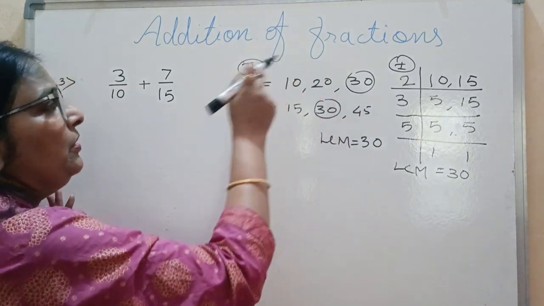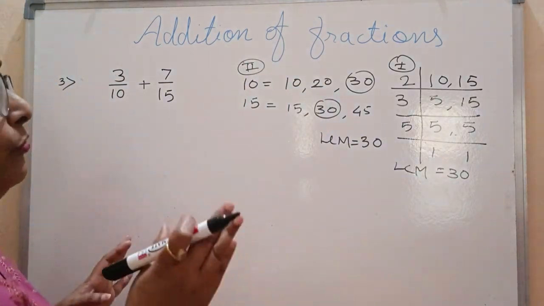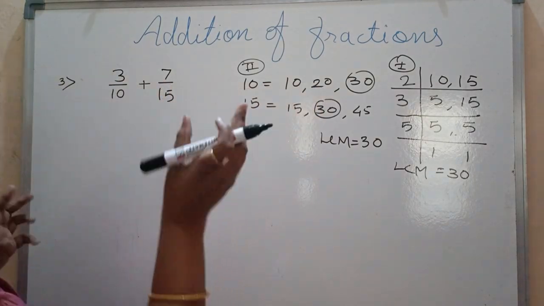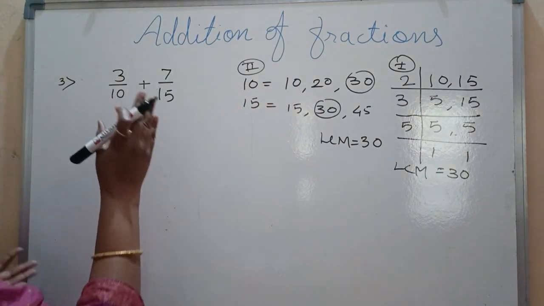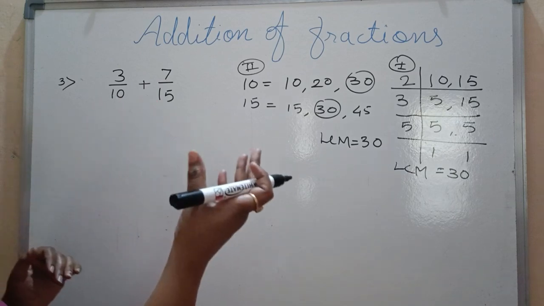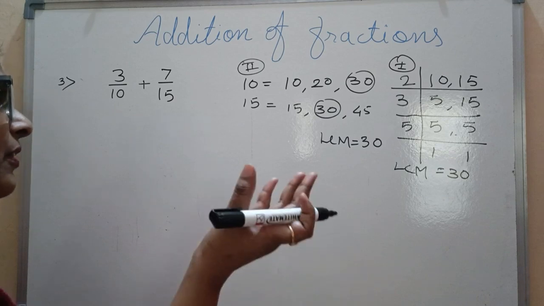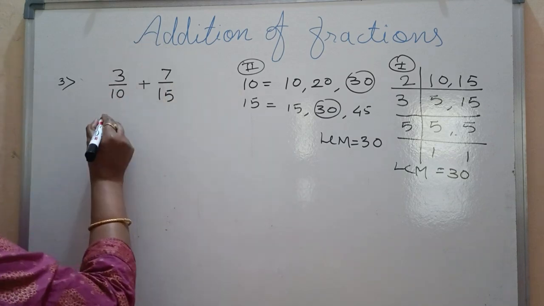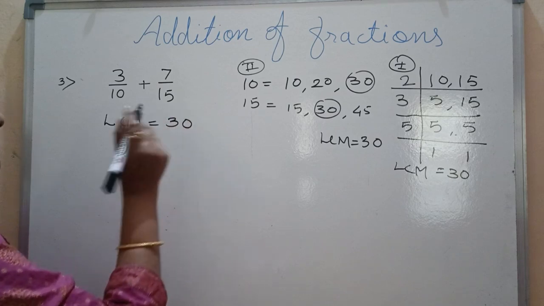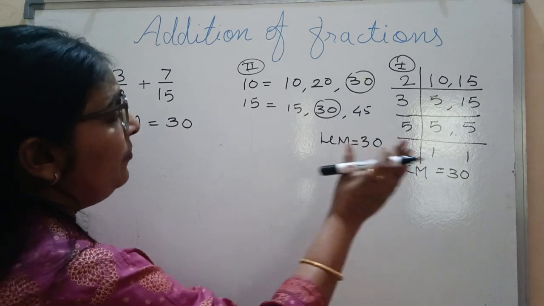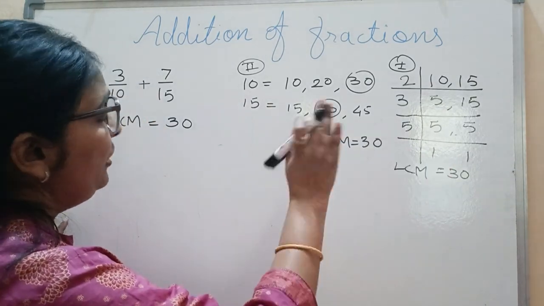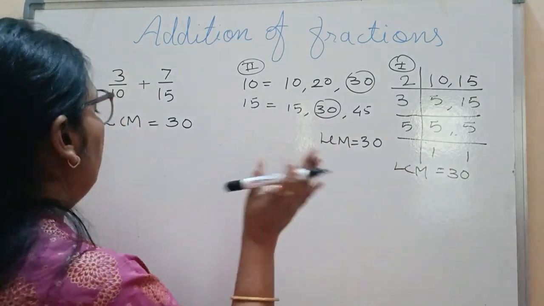Now in this second method, no need to write every time this table and all. In your mind only you can decide that yes, 10 and 15. So what is the common number in 10's and 15's table? It is 30. So you will write here LCM is equals to 30. Now for LCM, I have told you two methods. Whichever you will feel easy, you can apply that method.